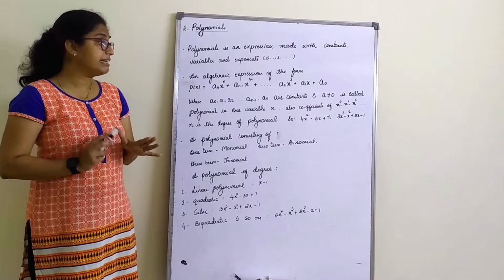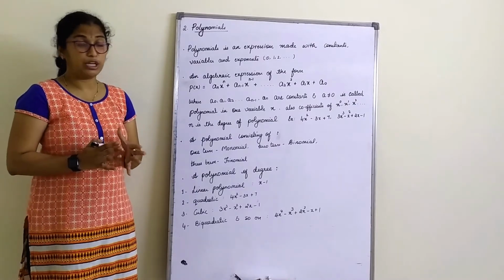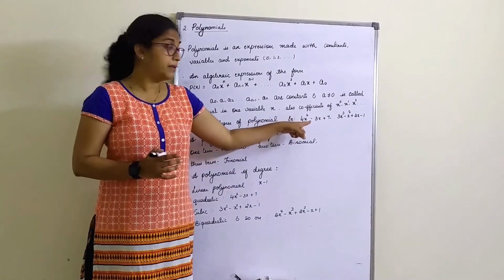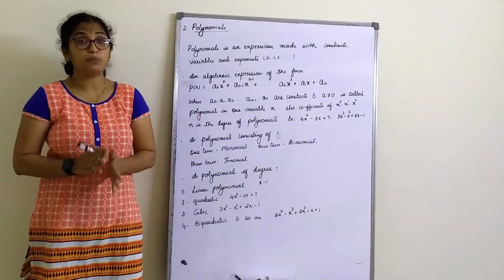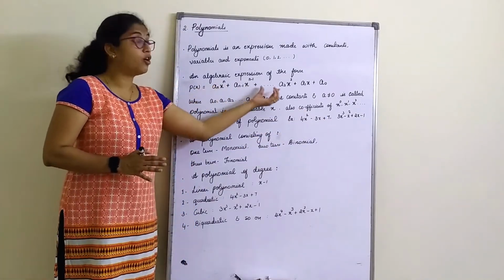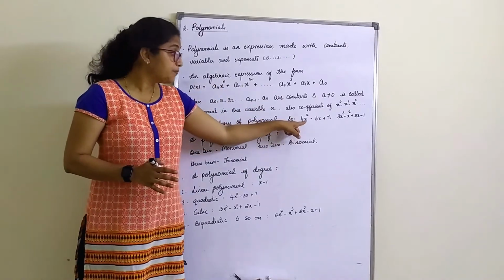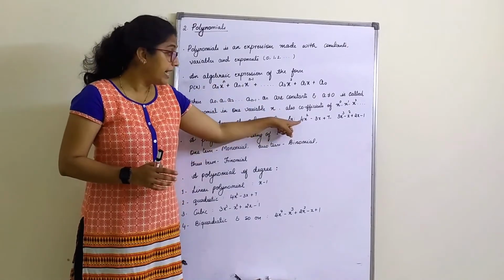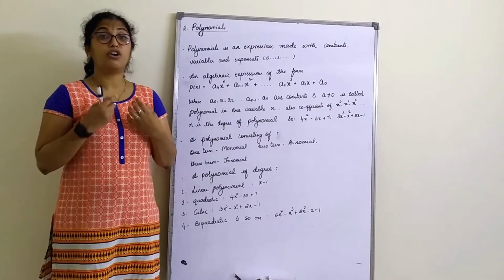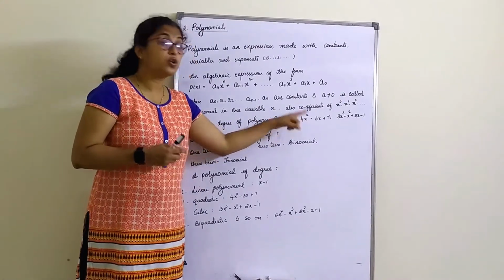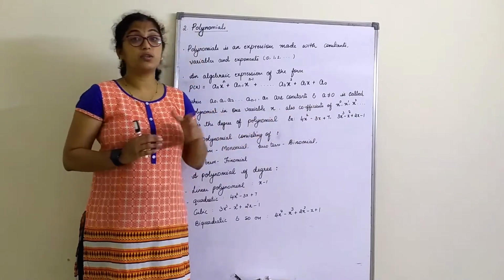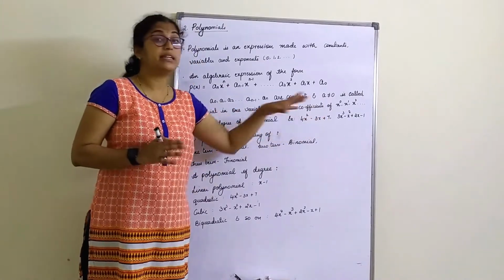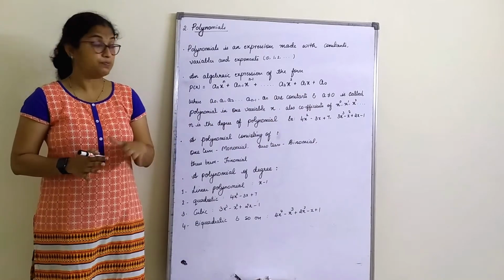So in basic terms, for example if I write 4x² - 3x + 7, this is a polynomial where x is a variable and 4 is a constant, or I can say 4 is the coefficient of x², -3 is the coefficient of x, and 7 is the constant.